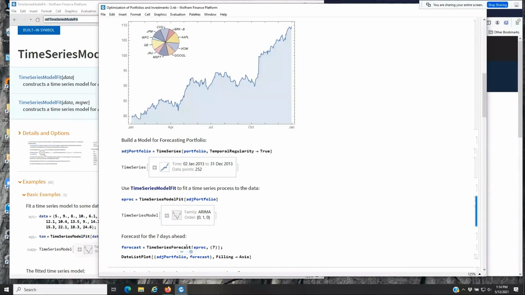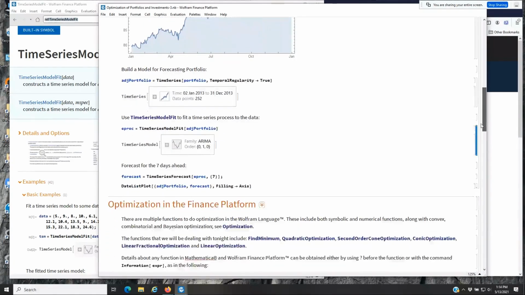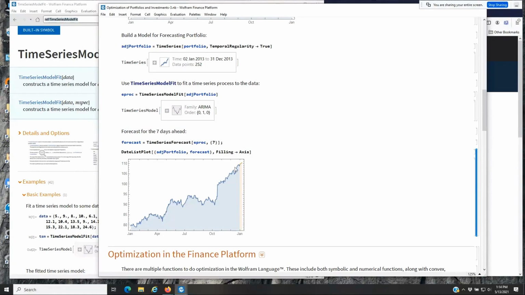Now I can use the forecast function. It takes the model that I have, and I say I'm going to go 7 days, 1 week into the future. And then I could put my portfolio and the forecast together, and we can see that in this particular case this was actually a reasonable allocation because we're going to be improving as we go into the future.